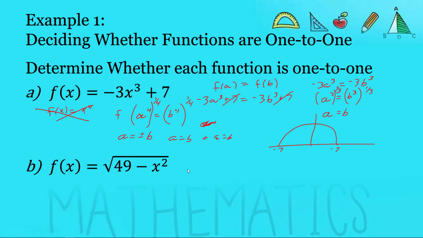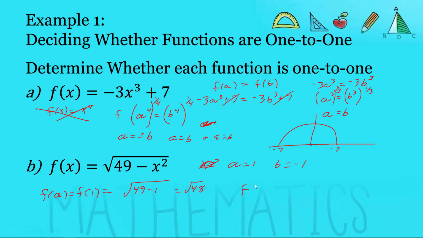Well, here we're going to use a counterexample. Let's use a trivial case. Let a be equal to 1 and b be equal to -1. In that case, f of a, or f of 1, is going to be the square root of 49 minus 1 squared, which is 1, which is the square root of 48.